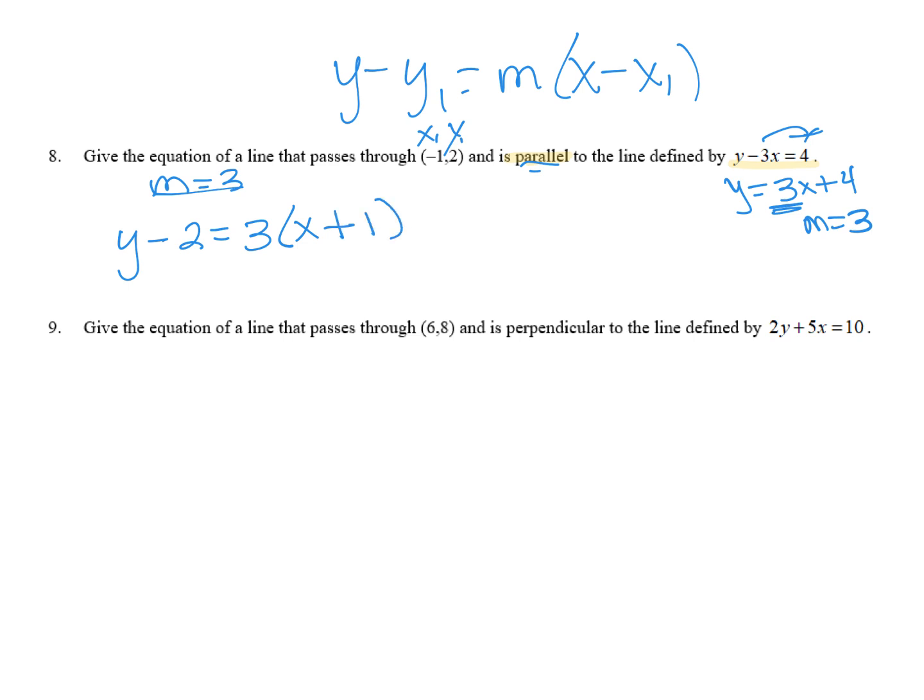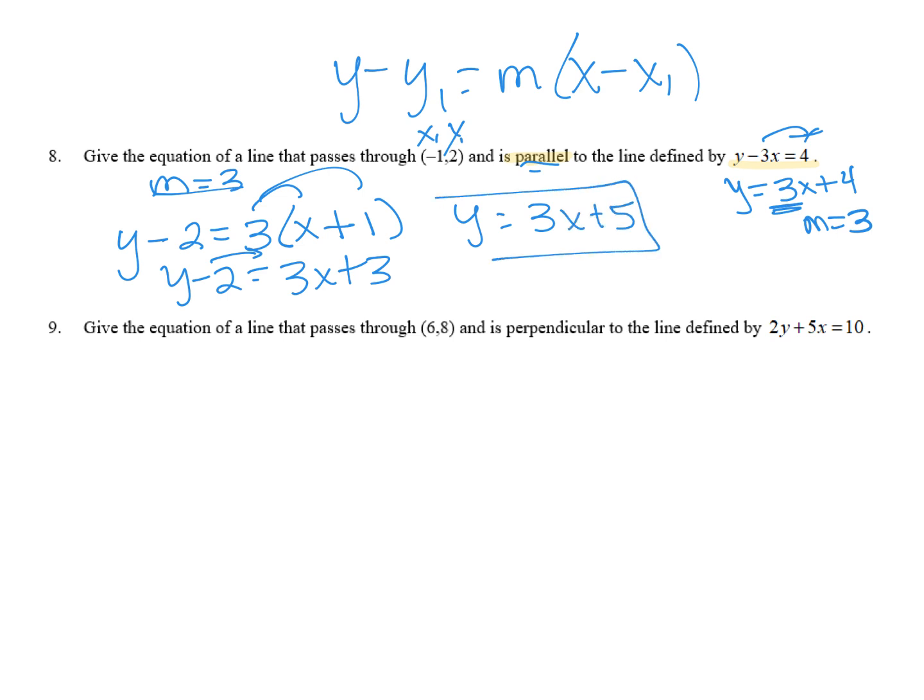Okay, that's the point-slope form of the line. Of course, typically you end up in slope-intercept form, so that's what I'll do. We're going to distribute that. y minus 2 equals 3x plus 3. Then I'm going to add 2. So that would give me y equals 3x plus 5. So there is the line that is parallel to this line but goes through (-1, 2).